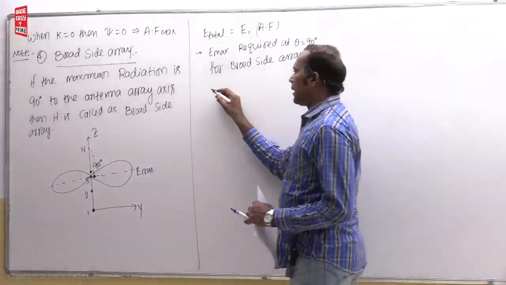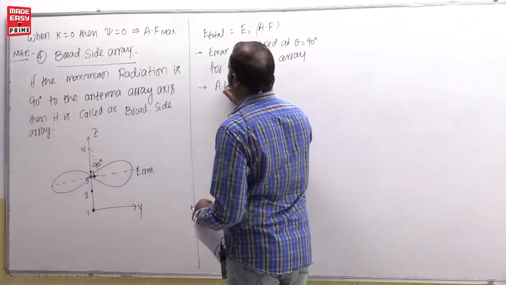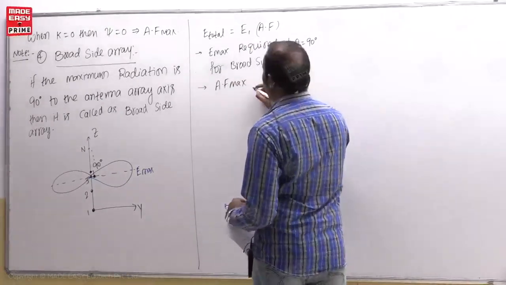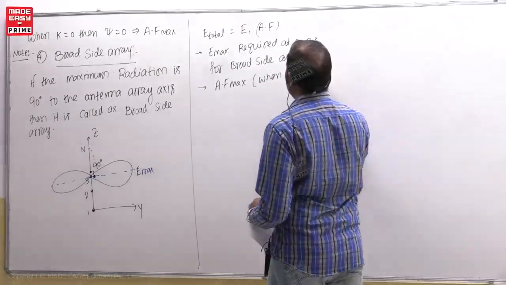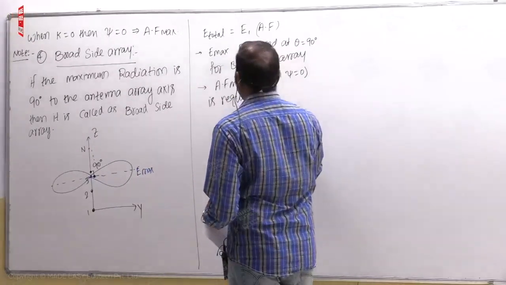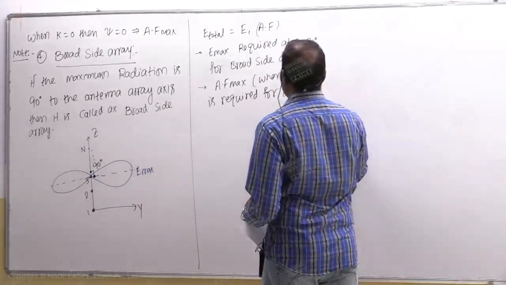That is one requirement. Second requirement, array factor maximum. That means that happens when psi is equal to 0, which is required for electric field maximum.